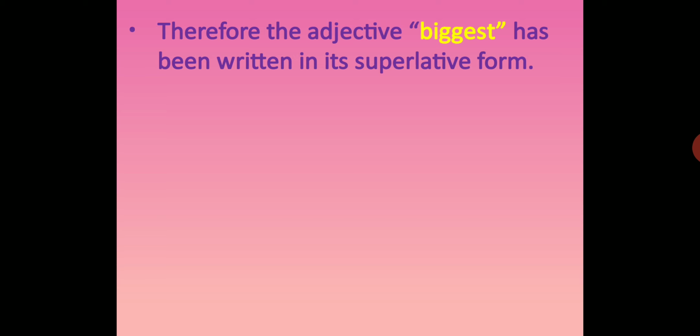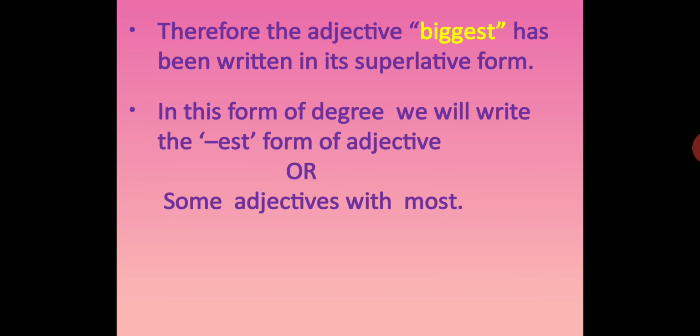If we want to write the superlative form of the degree, then we will make some changes, similar to the comparative degree. And what will we do to make an adjective superlative? In the superlative form of the degree, we will write the est form of the adjective, or for some adjectives, use most.